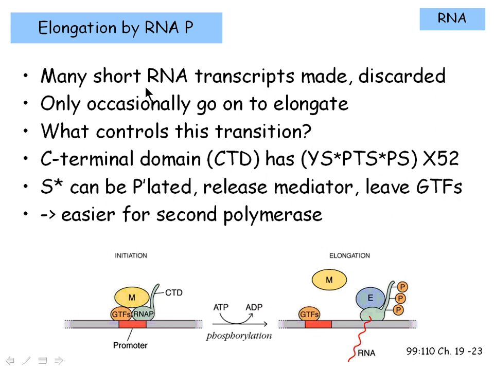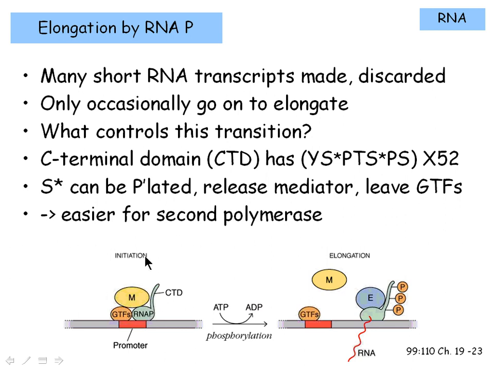Of the times that the RNA polymerase lands, it's only occasionally that it undergoes a transition to this locked-on, highly processive, let's-keep-at-it, chugging-along kind of machinery. So what's the difference? Why is it generally aborted and occasionally functional?